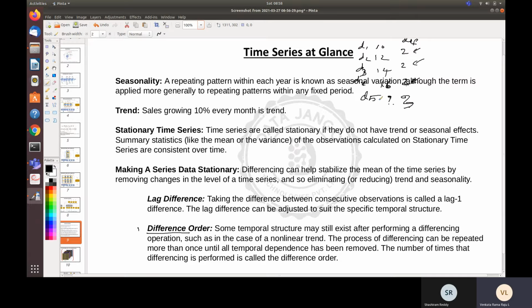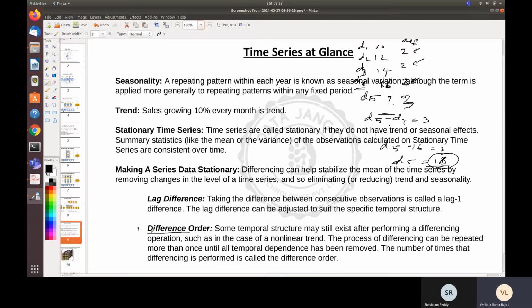This is actually a difference. So d5 minus d4 is equal to 3, and we know d4 is equal to 16. You put d5 minus 16 is equal to 3, d5 is equal to 18. That's how you predict the actual value.